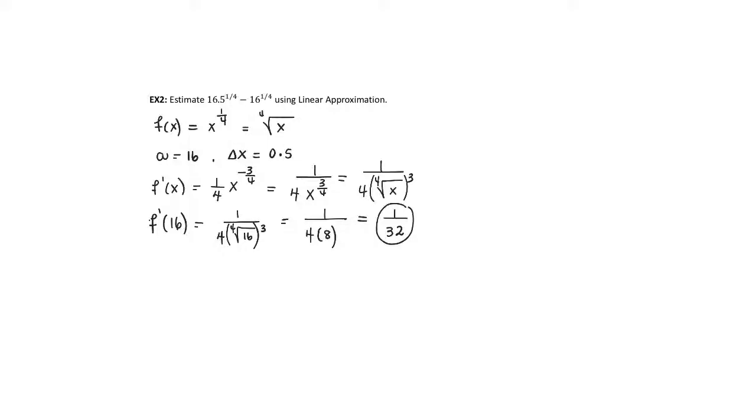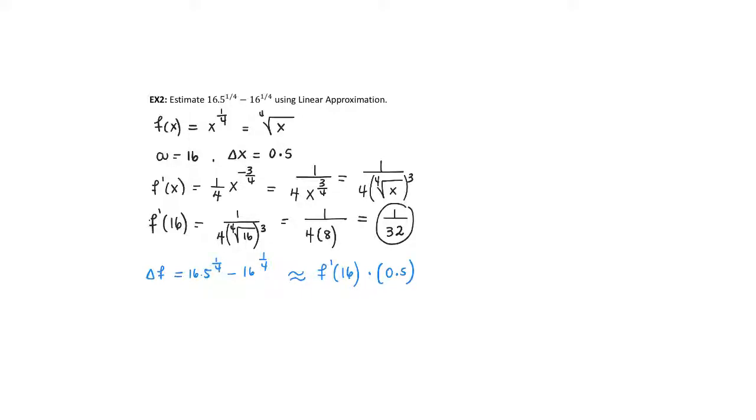Now that we have that, we are ready to approximate the change in the y values. You can imagine then that delta f is precisely 16.5 to the 1/4 minus 16 to the 1/4. This will be approximated by f prime of 16 times the change in x, and the change in x is equal to 0.5.